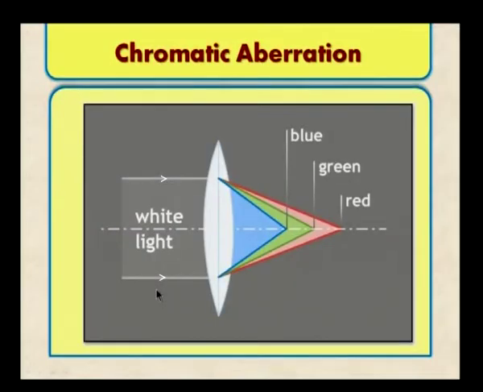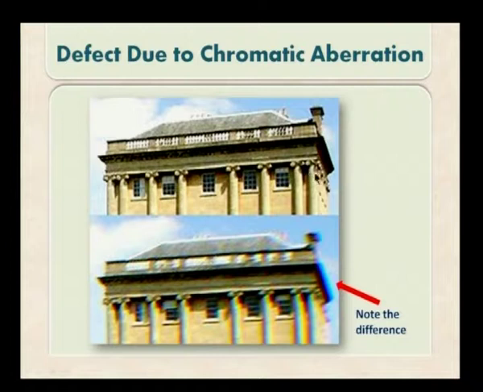We are talking about the defects. What is the defect that you get due to what is called chromatic aberration? I have been talking about spherical aberration, then the other defects are chromatic aberration, distortion, and so on. Now, this is a nice picture where you observe, when you get the image through binoculars or you take a photograph, this is the real image of the building. Now, what do you observe here?